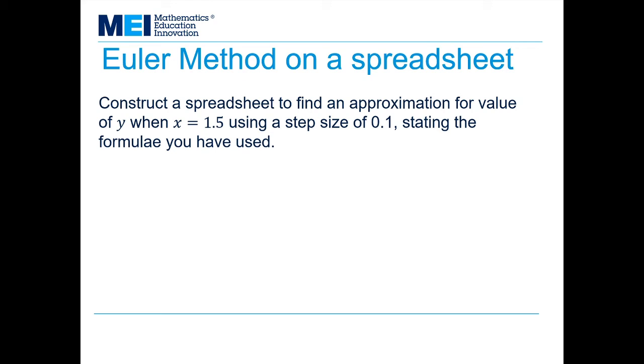Let's have a look at how I'll record this then. So I've constructed my spreadsheet. I need to state the formulae that I used. So I'm going to start by saying that for A2, I just put in that x was equal to 1. And then for A3, I did A2 plus h. And then I fill down.